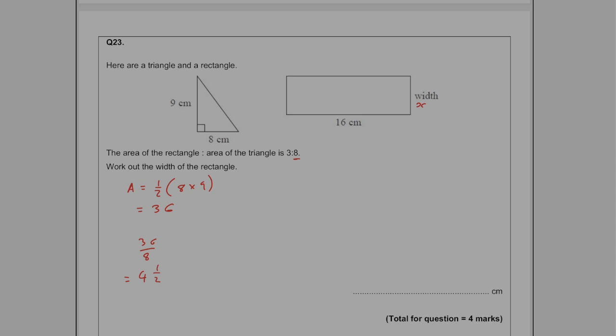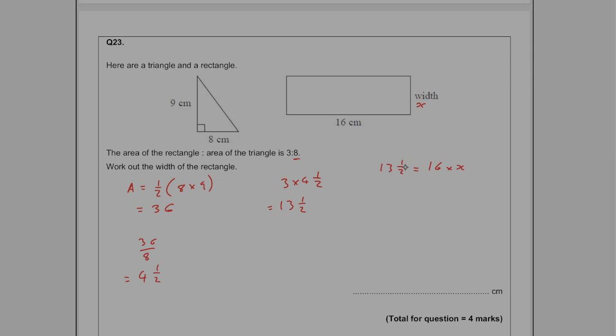We want 3 parts, so we do 3 times 4.5. 3 times 4 is 12, and 3 times a half is 1.5, so that's 13.5. So 13.5 is the area of the rectangle. So 13.5 is equal to 16 times x.